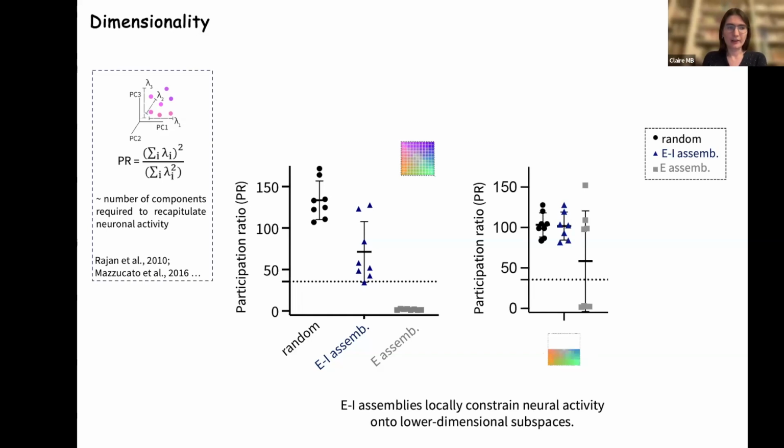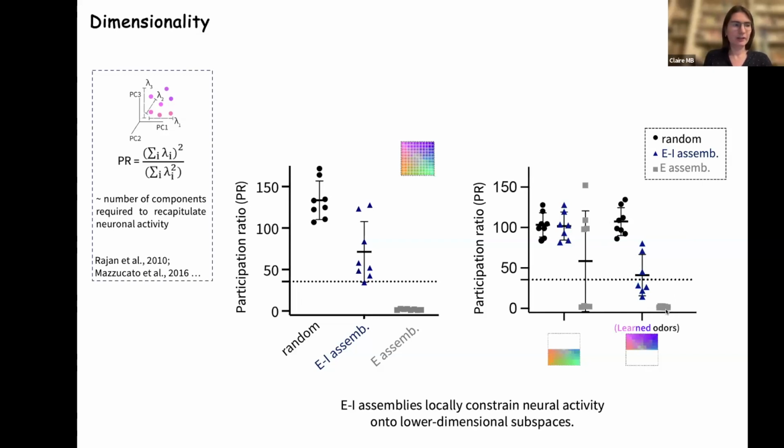Now, as expected, if we look at the other half, which contains the learned corner odors, you see that we have again the same picture with the dimensionality of networks with EI assemblies being not as high as the random networks, but being higher than the networks with excitatory assemblies.